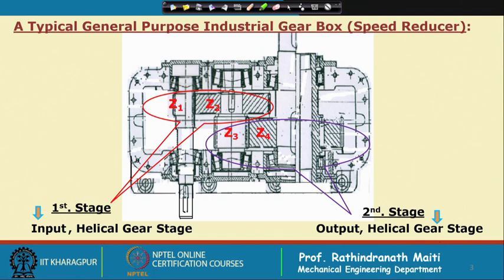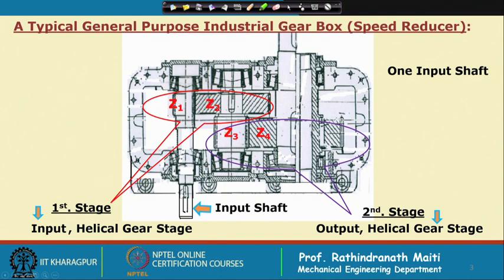Commonly you will find that, depending on the transmission ratio, there is usually a two stage reduction unit. A one stage reduction unit is also used. Now, this is the input shaft.